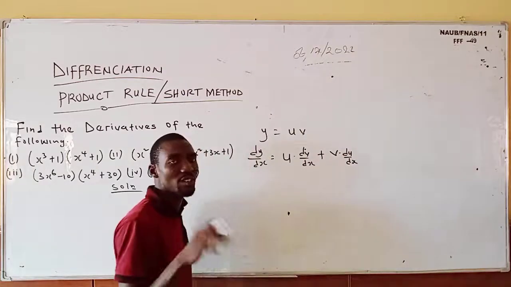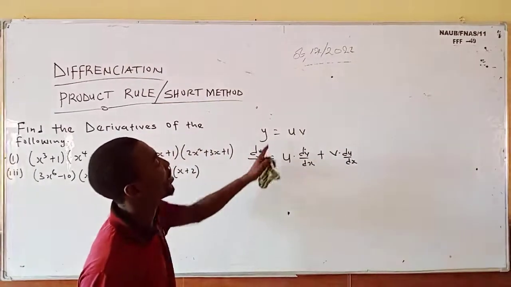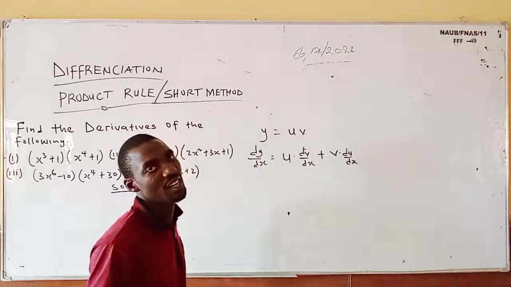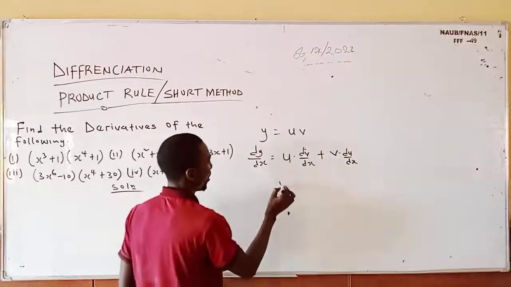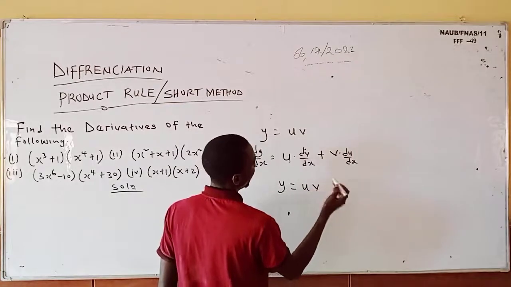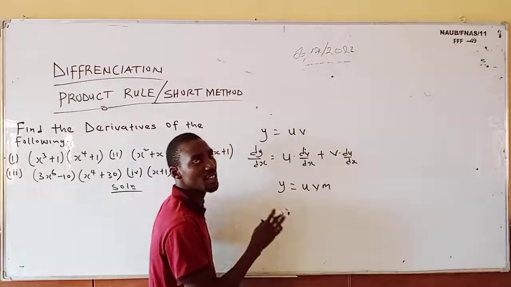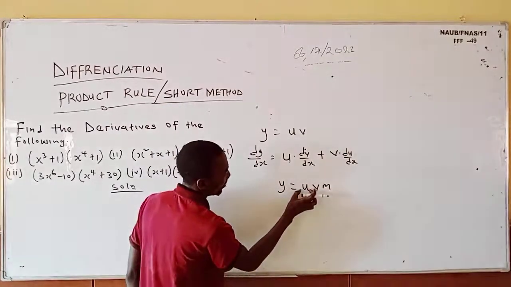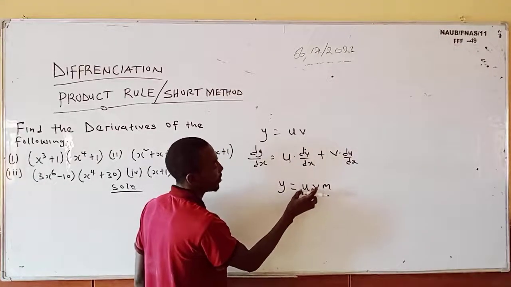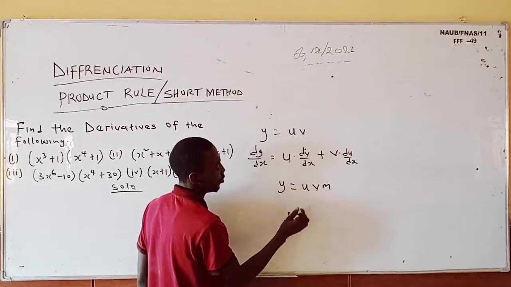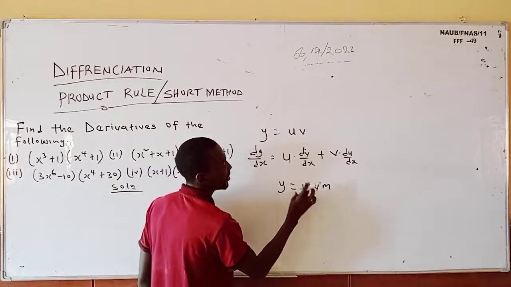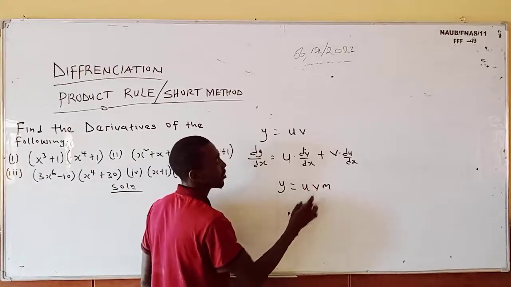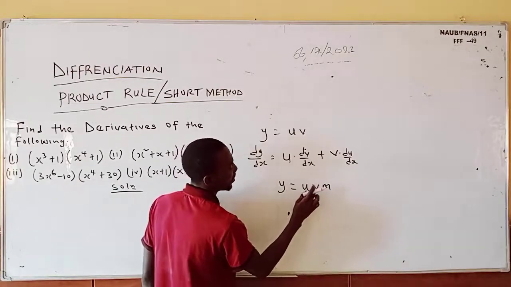The question is, if we have three alphabets, like if we have y equals u, v, let's say m, still the same thing. You pick the first alphabet, write it down, u, then differentiate the second and multiply it with the first and the last.